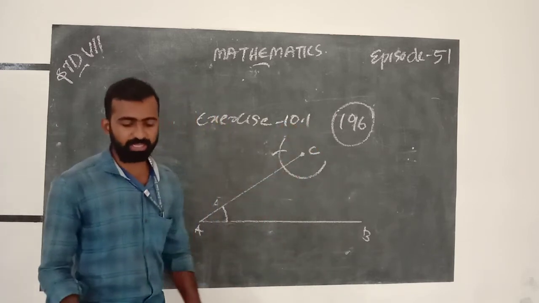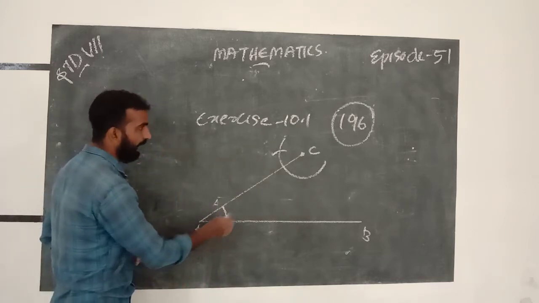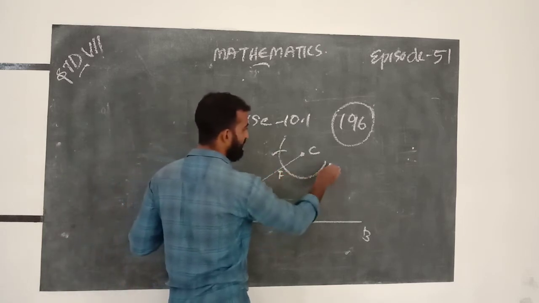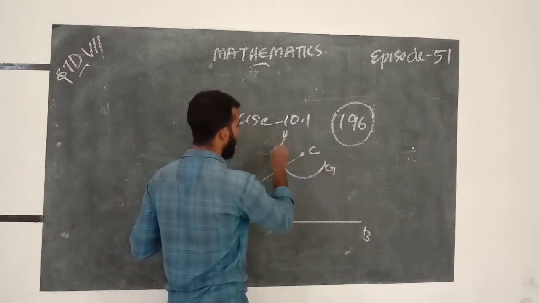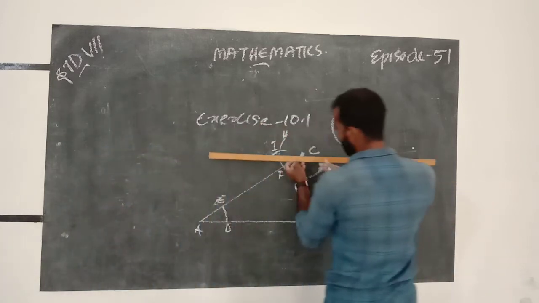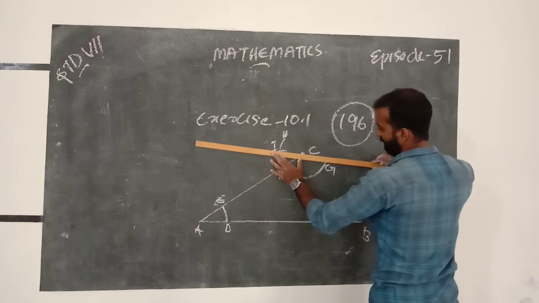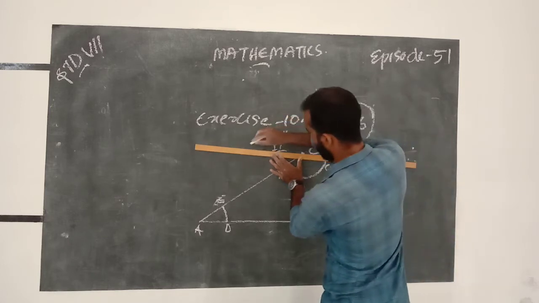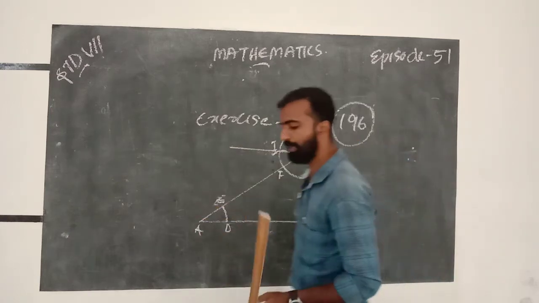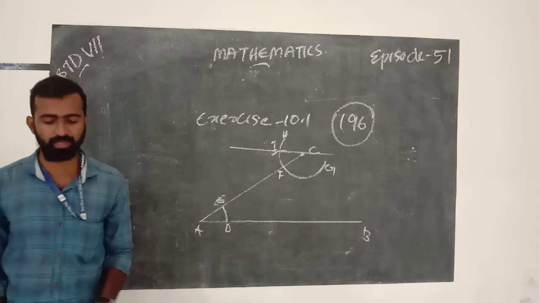Then we also give names A, B, C, D, E, F, G, H. Here is I. We join I and C. We get the parallel line to AB.